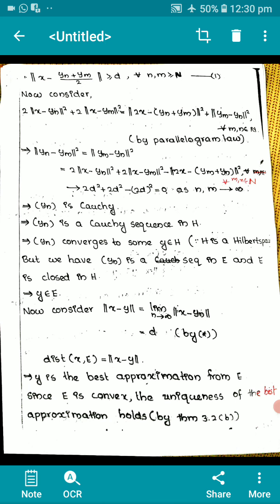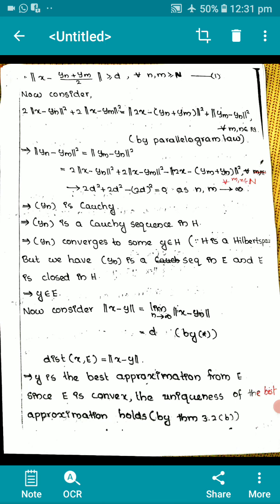This implies, you check it, norm of yn minus ym square, which is the same as norm of ym minus yn square, that term taken from the right hand side, is equal to 2 times norm of x minus yn square plus 2 times norm of x minus ym square minus this first term on the right hand side, that is norm of 2x minus yn plus ym square, for every m, n in N.